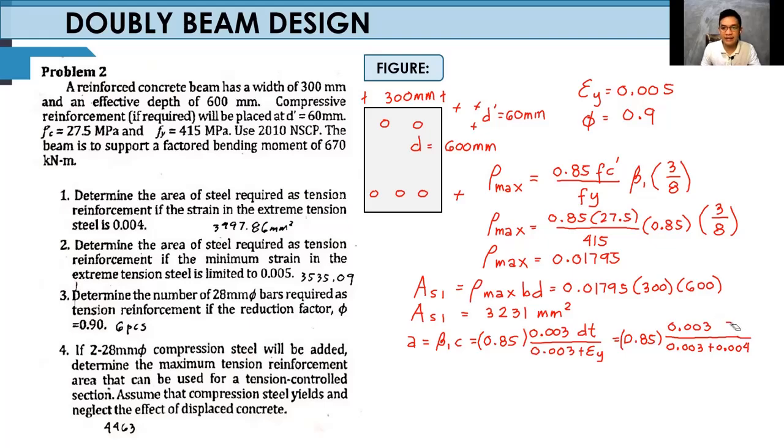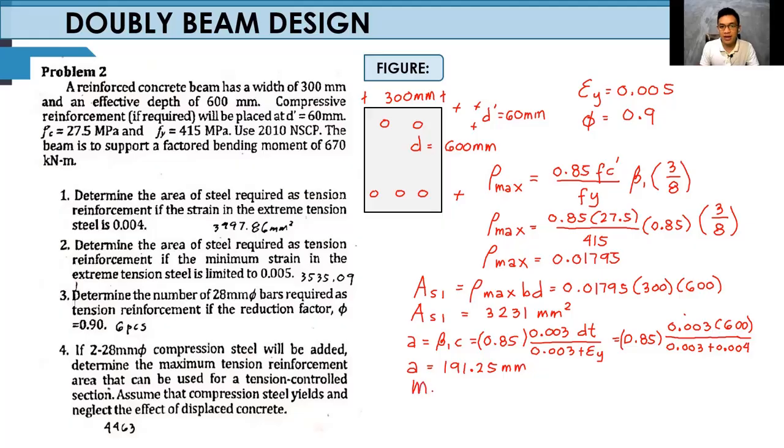So yung dt natin, no, lagay na lang natin yung value 600 because that is our effective depth. So therefore, makukuha natin si a, which is equivalent to 191.25 millimeters. Ayan. So since nakuha natin si a, therefore we can proceed yung ating moment, 'di ba?